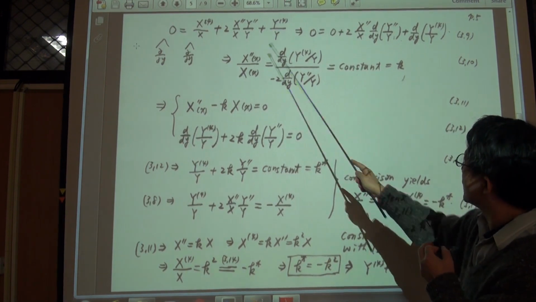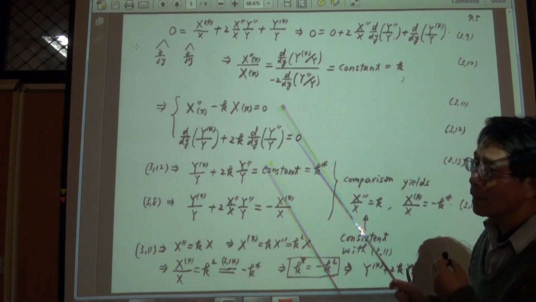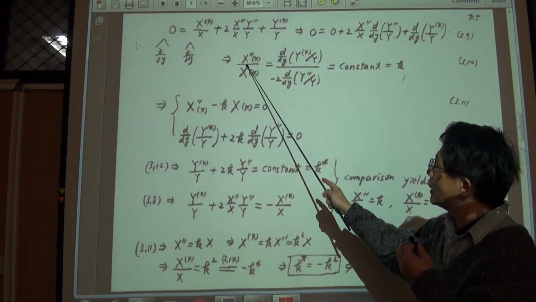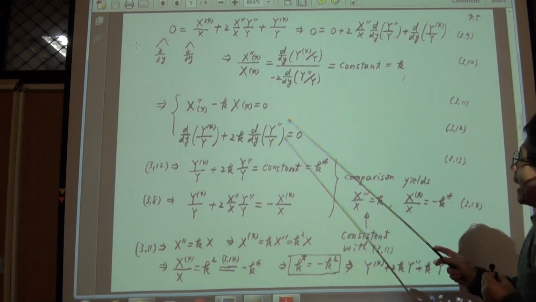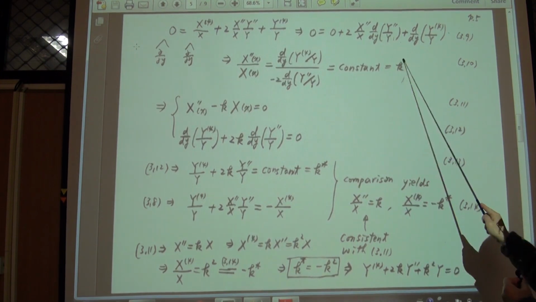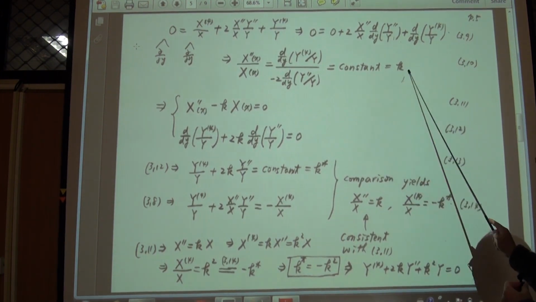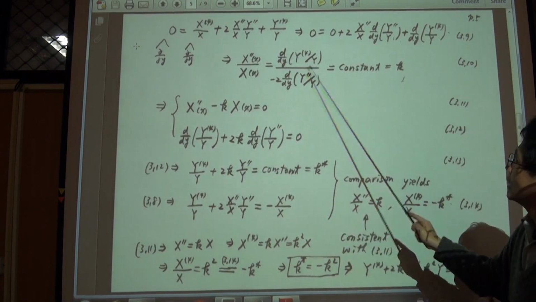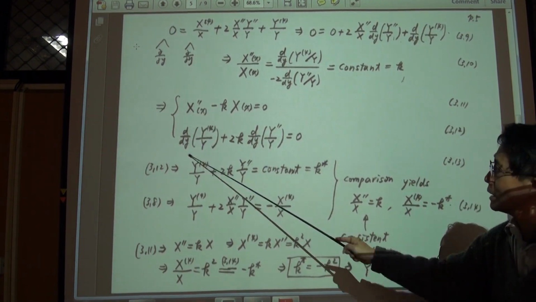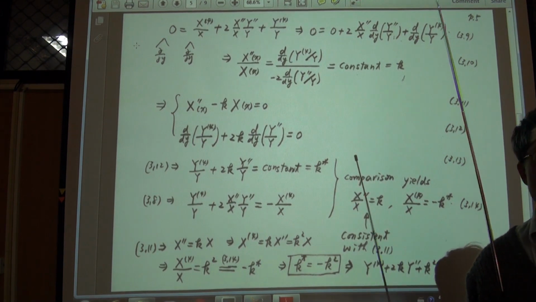So this one equals k and this one equals k. Otherwise, a function of x will not be equal to a function of y. Understand? By such an argument, this one equals k and this one equals k2. So this one and this one are written like this. We arrange the terms.